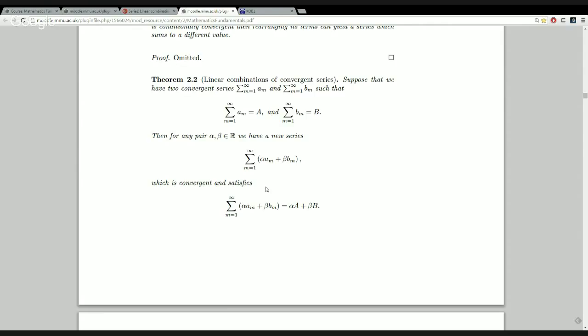Well, the answer for us now is going to be kind of. It's kind of a similar result. Not in the case of products and quotients, but yes, in the case of taking linear combinations.